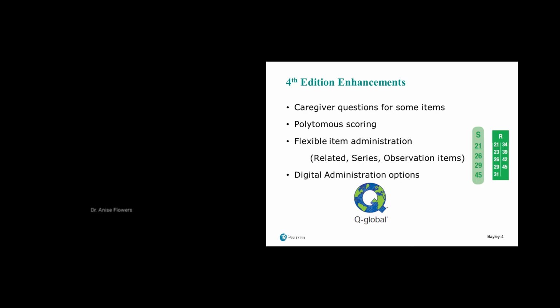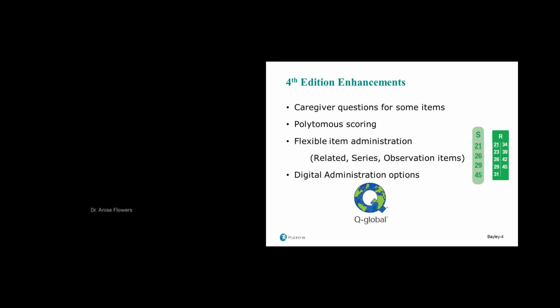Secondly, we introduced polytomous scoring. Previous versions of the Bayley had 0 or 1 scoring, where you got credit for the skill, or a 0 because you did not have that skill. And we realized that as we're looking at developmental skills, there's really often a partial development of something. A skill may be in progress, but not fully obtained.